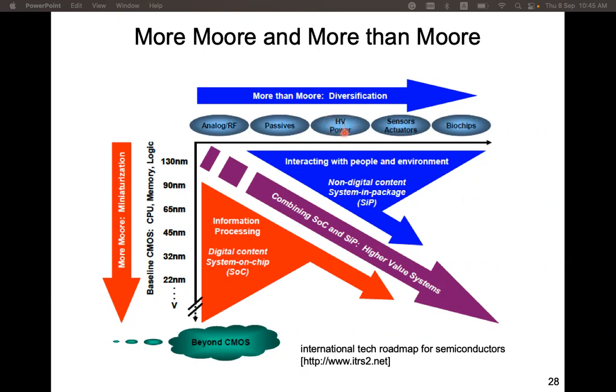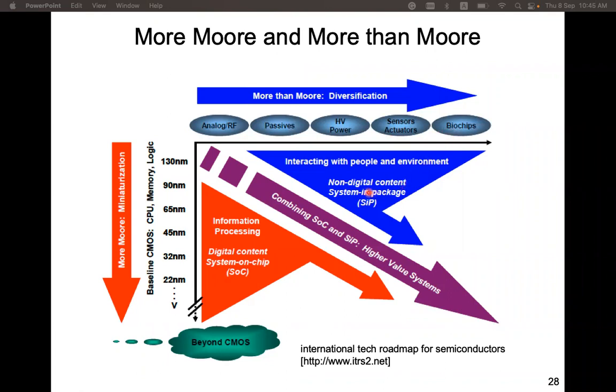We want to include some high voltage power devices. And this is no longer to process information. It's to manage power. To interact with sensors and actuators, or to interact with biochips.